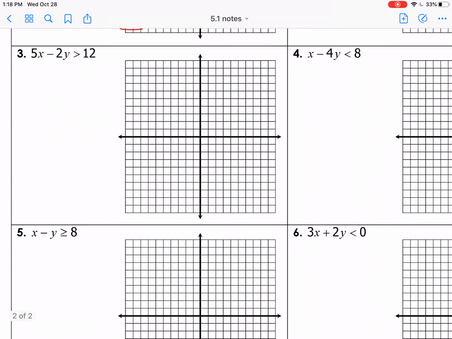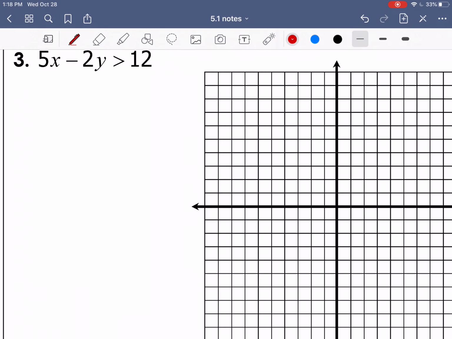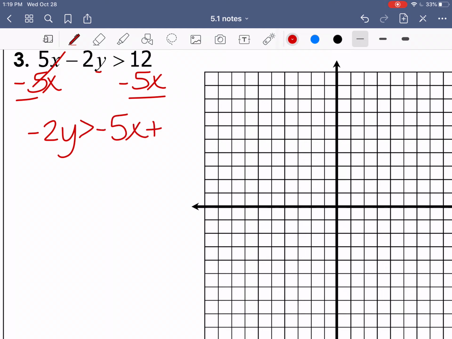Number 3, we need to get into slope-intercept form because currently it's in standard form. So that means we're going to solve it for y before we can do anything. So I need to zoom in. So I'm trying to isolate the y variable. So I'm going to subtract 5x first. Rewrite your -5x first.